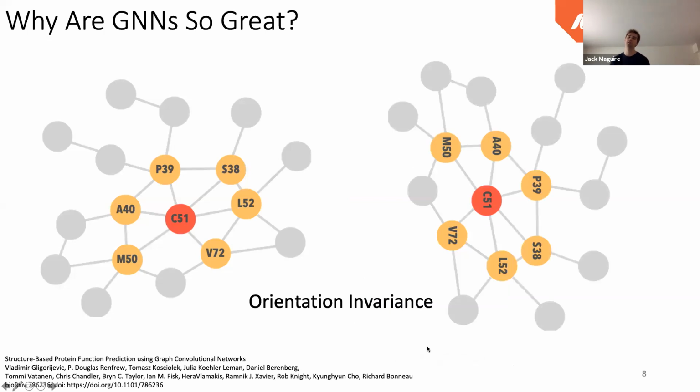Another big benefit is orientation invariance. If you take a protein and rotate it 90 degrees in space, to us, it's the same protein, and to graphs, it's the same protein. But in 3D voxels, it's different. At least you don't get the inherent invariance of being able to do this. You need to do data augmentation to account for that, and it's just a larger challenge.